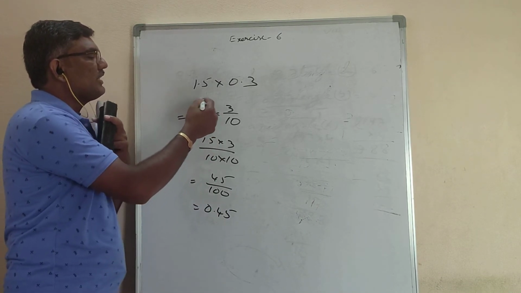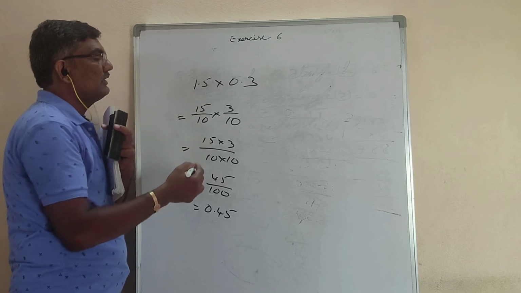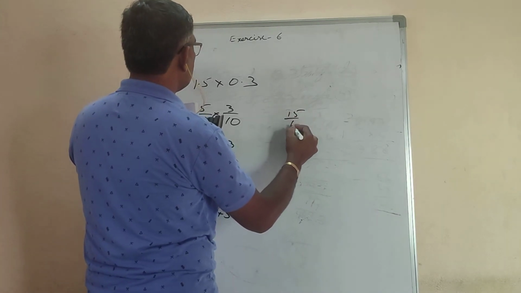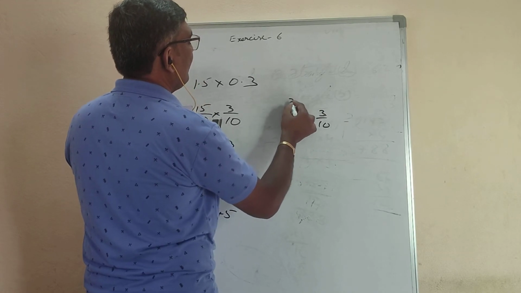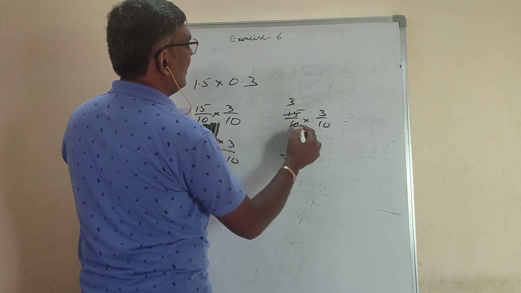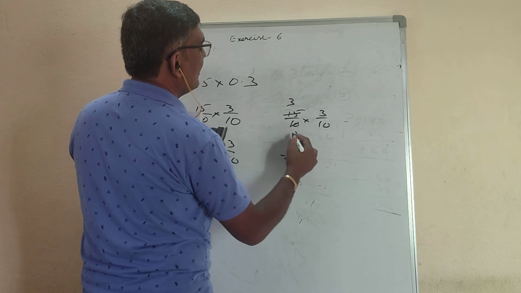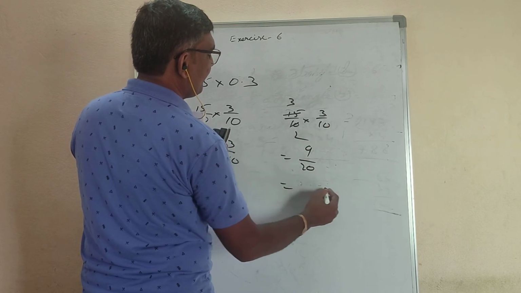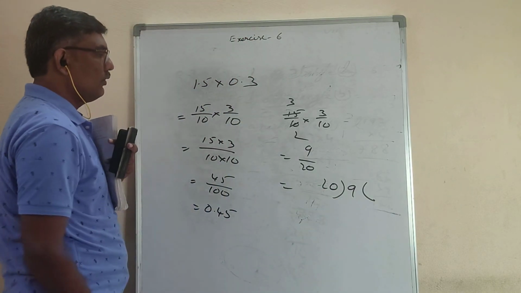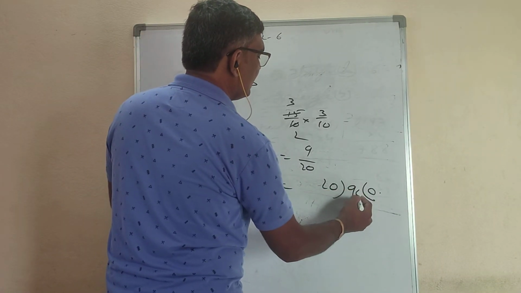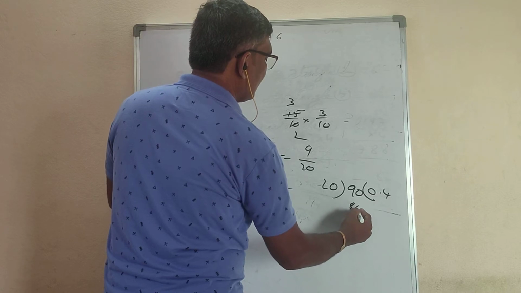If you do cancellations, it becomes somewhat difficult. See here, you can do it like this also: 15 by 100 into 3 by 10. 5 3s are 15, 5 2s are 10, 3 3s are 9, 2 10s are 20. You have to divide 9 by 20. One time it won't go, so 0.0. 2 4s are 80.